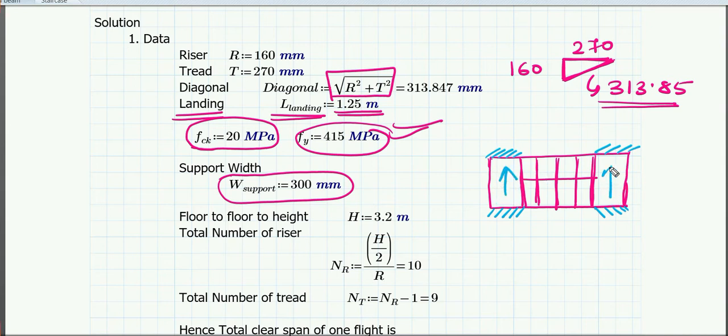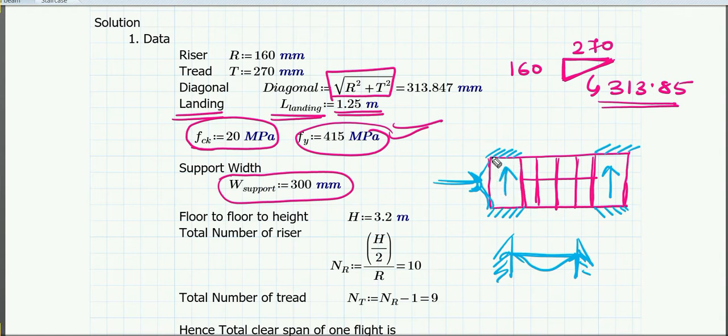So this kind of landing is called spanning transversely. These are not spanning longitudinally, because if you see from this side, you will see the landing. These are two supports, and this is going to bend something like this way. So it is going to bend in this direction. So these are called transversely spanning, in the transverse direction.